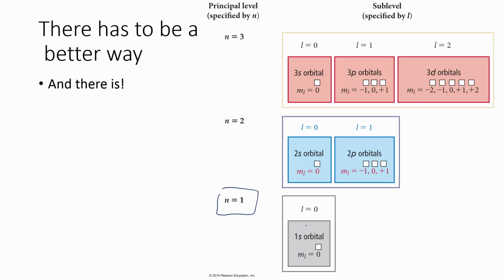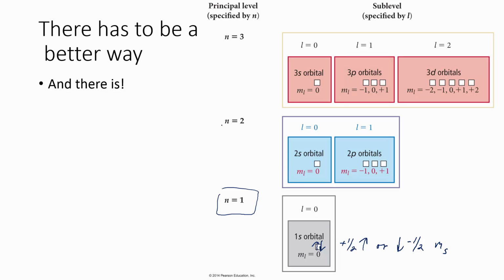At n equals 1, we have the S-shaped ones with m sub l equals 0. And then we can draw an upward arrow to indicate +1/2, or a downward arrow to indicate -1/2 for m sub s.